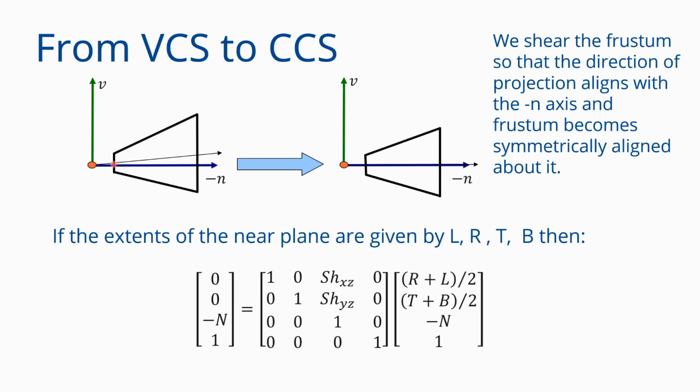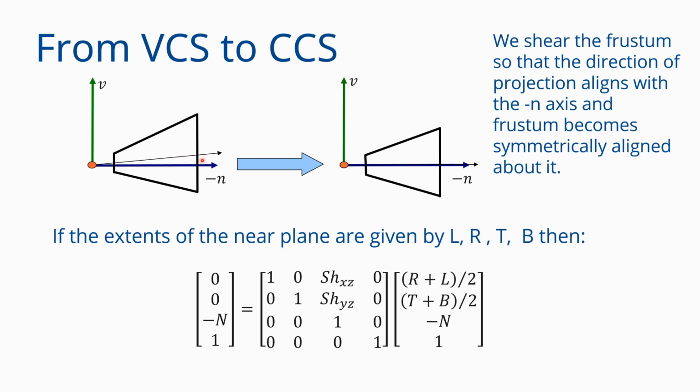If the translation is the shift between the points on the near plane, then it will not work for points on the far plane. Similarly, if I consider a translation with the shift on the far plane, it will not work for points on the near plane. So it cannot be a translation.